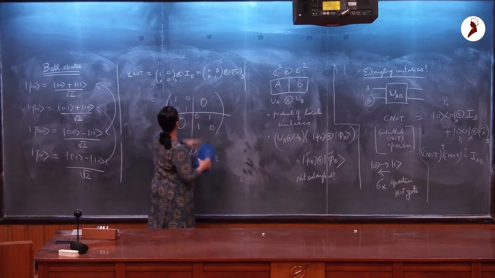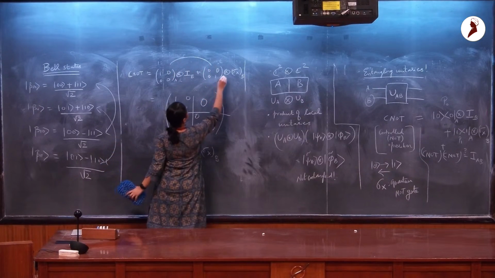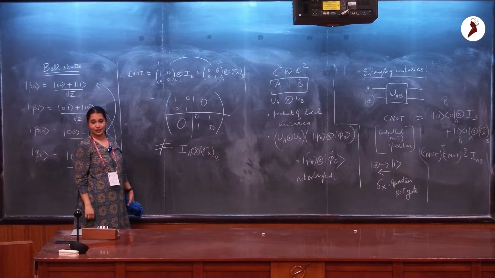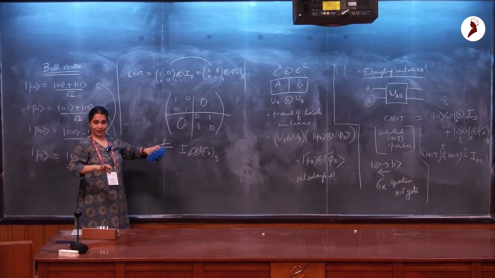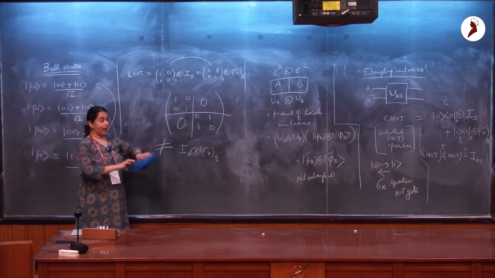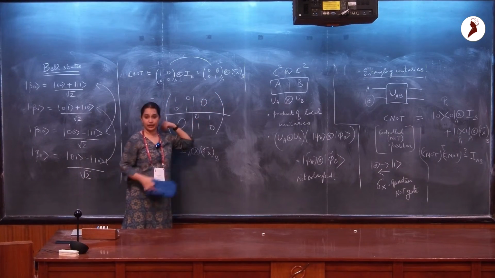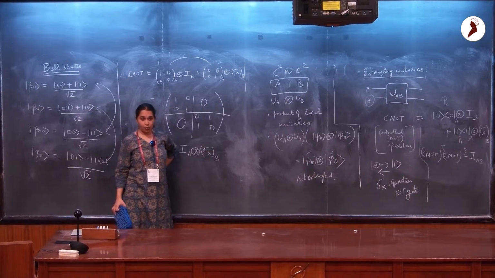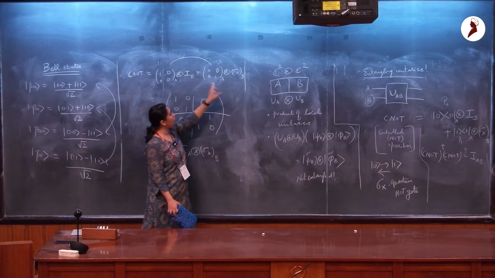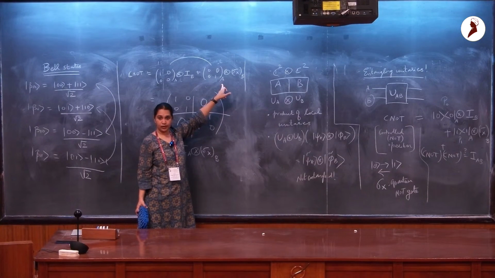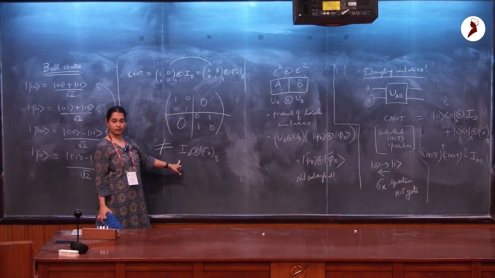If I sum these two, I get the identity operator on the first qubit. But I have broken it down into a pair of projectors, and each one I have coupled to some other operation in system B and then combined them. So what I've written is a combination of local operations, a combination of tensor products, and not a single tensor product. Can you quickly work out what this matrix is and tell me?